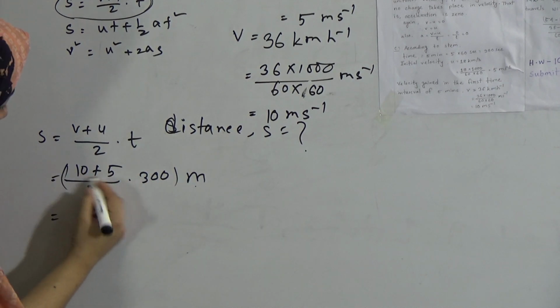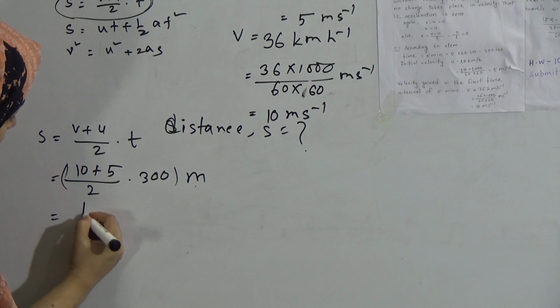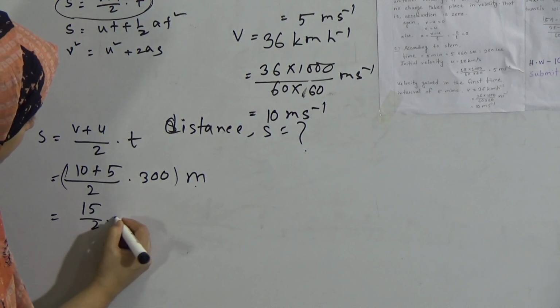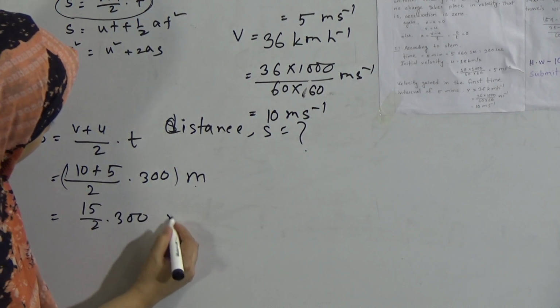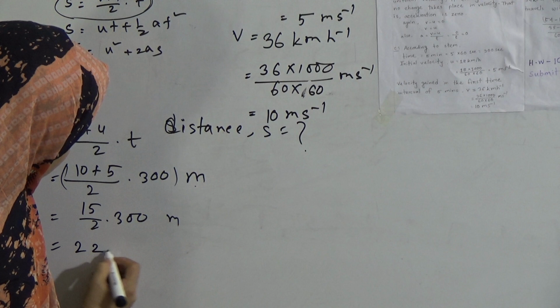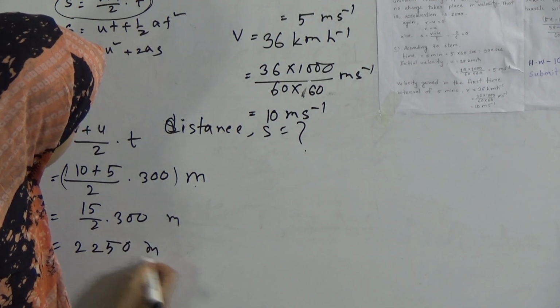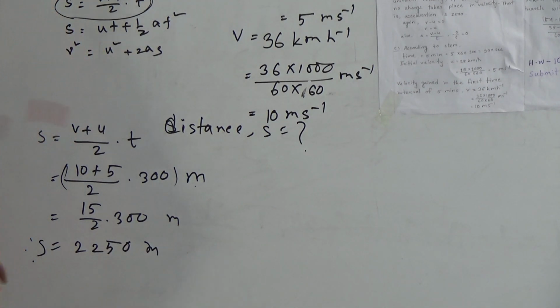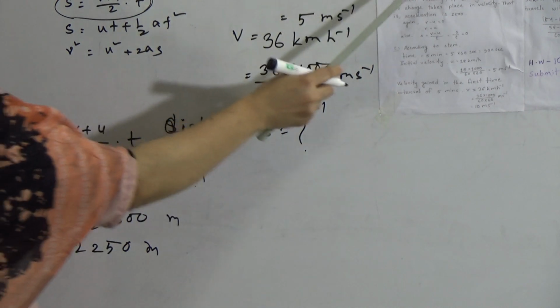So you can write 10 plus 5 is 15, divided by 2, into 300, and from this calculation we will get 2250 meters. So the distance we get is 2250 meter.